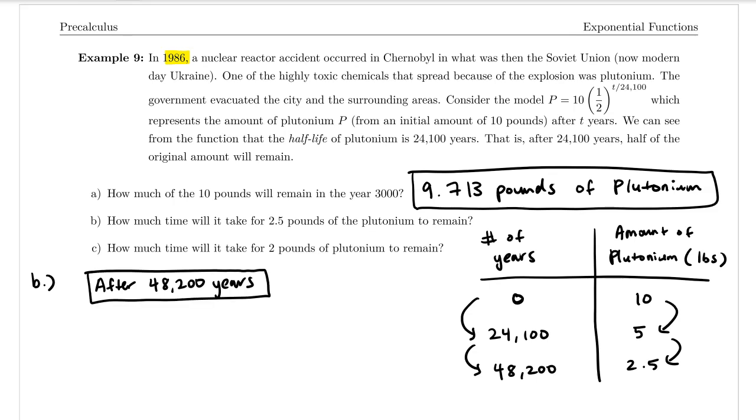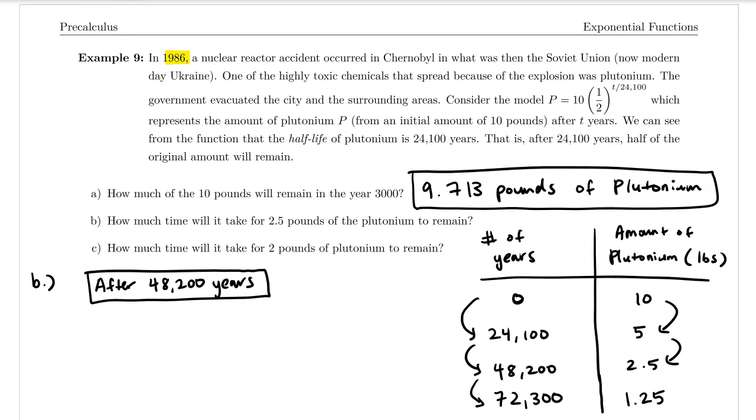Now, part C says how much time will it take for 2 pounds of plutonium to remain? And the issue is if I wanted to use this same idea, if I cut 2.5 in half, that would leave me with 1.25. And the next half-life or time period would be 72,300.